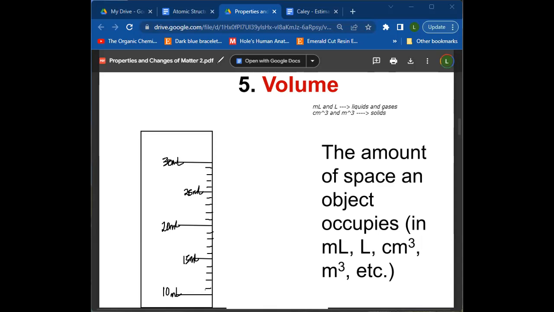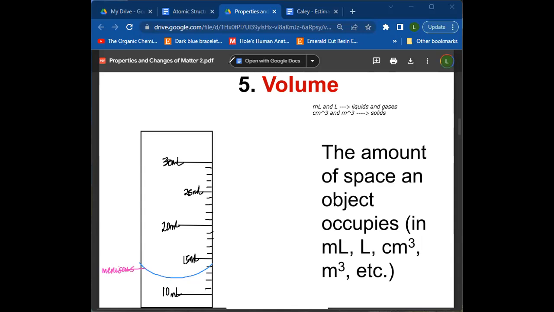Let's say that we fill the graduated cylinder here. First of all, we need to know that this curve is called the meniscus.